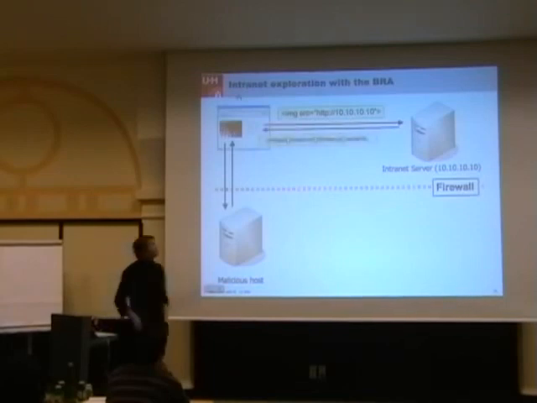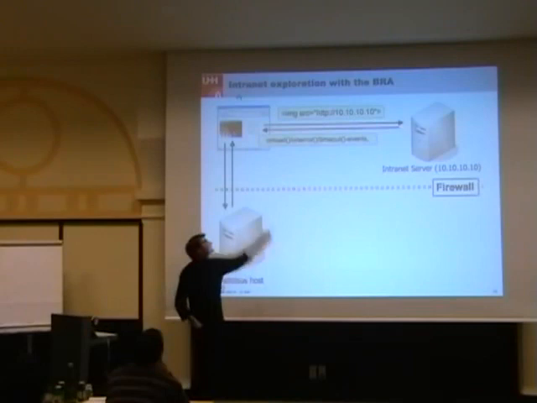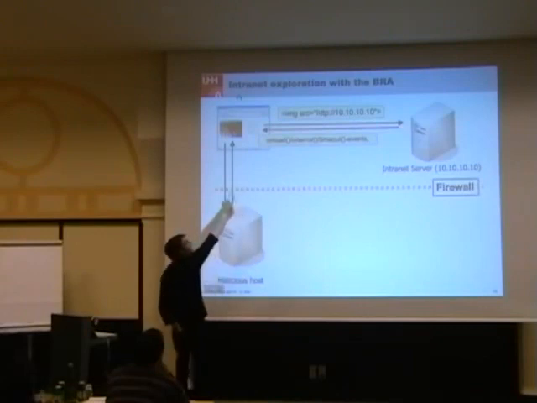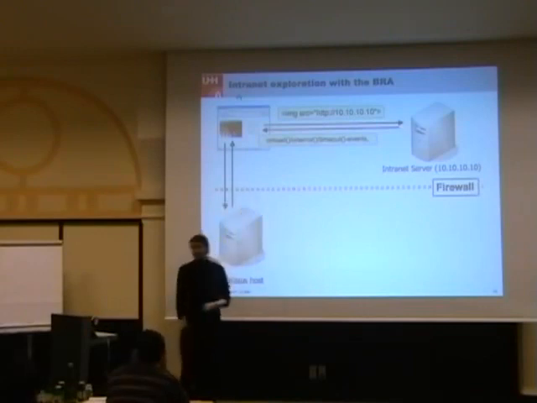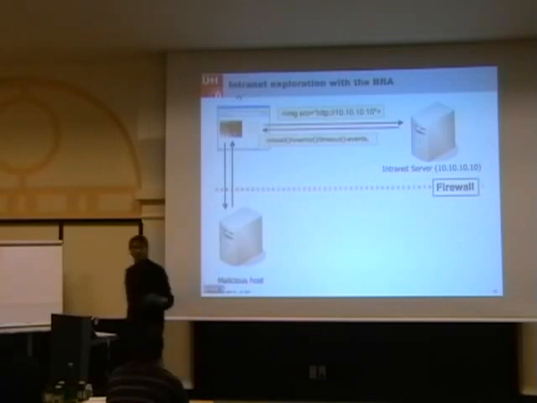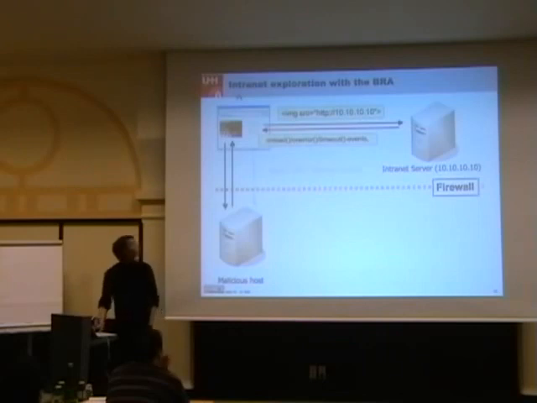Depending on, as I told you, whether there's actually a server or not, a different event triggers. Usually the onerror event would trigger if there is a server, because this is really fast. If the request goes into nothing, then there's a timeout event. And this information is sent back to the attacker.